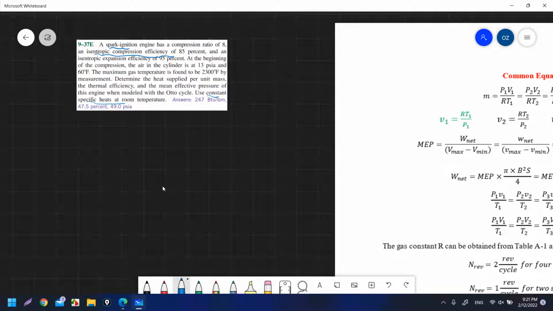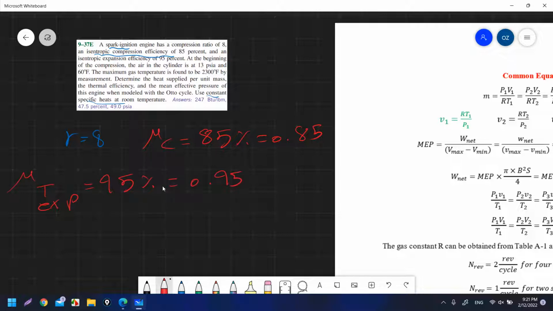So let's solve the question using the variable specific heat. Let's write our givens again. We have R equal to 8. The isentropic efficiency of the compression is 85%, equal to 0.85. The isentropic efficiency of the expansion is 95%, equal to 0.95.